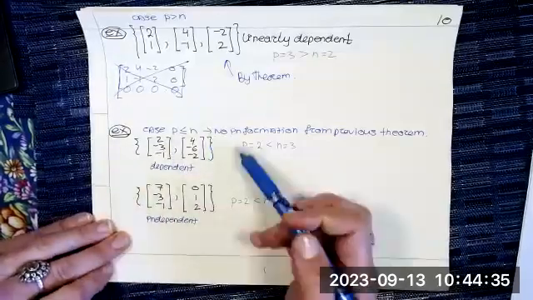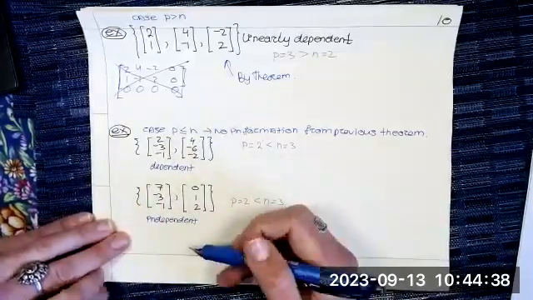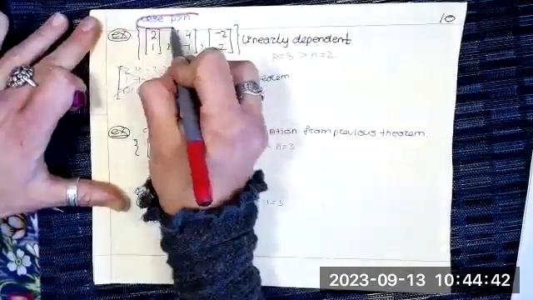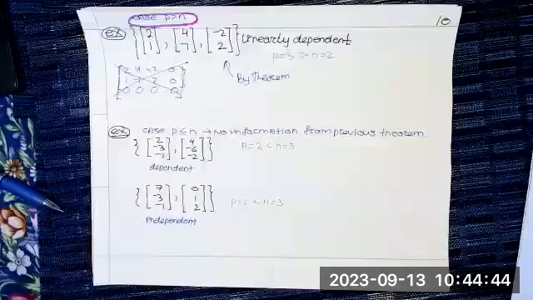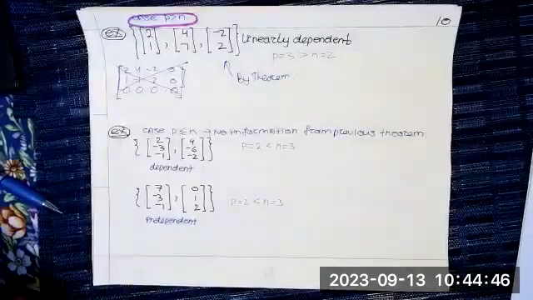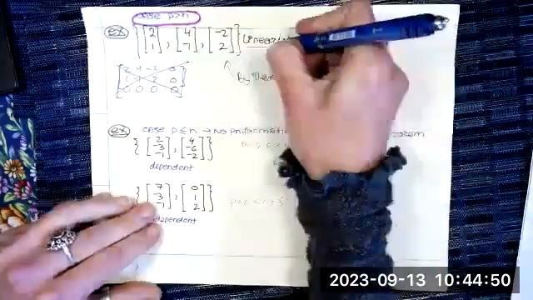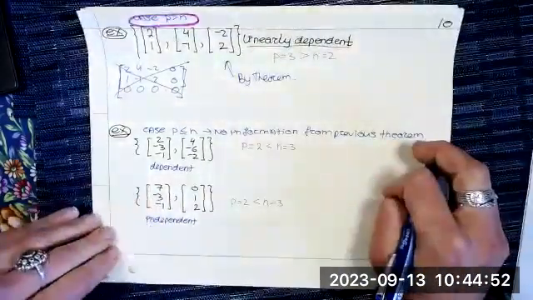So you would have to check for this. In other words, my theorem only applies when I have a number of vectors more than the dimension of the vectors. And then I can conclude that it's linearly dependent. That makes sense?